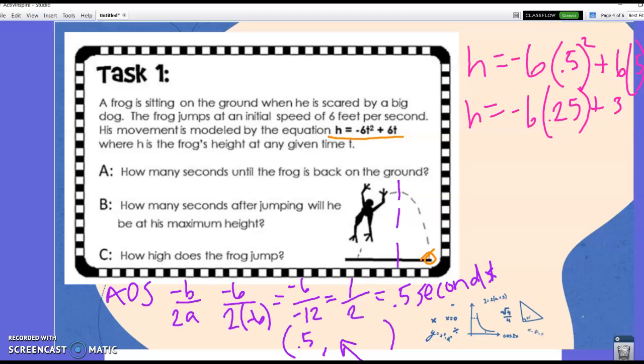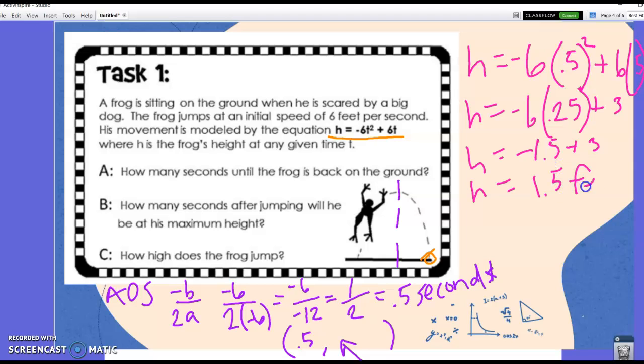So negative 6 times 0.25 is going to give me negative 1.5. And then I'm going to add 3 to that, which will give me positive 1.5.